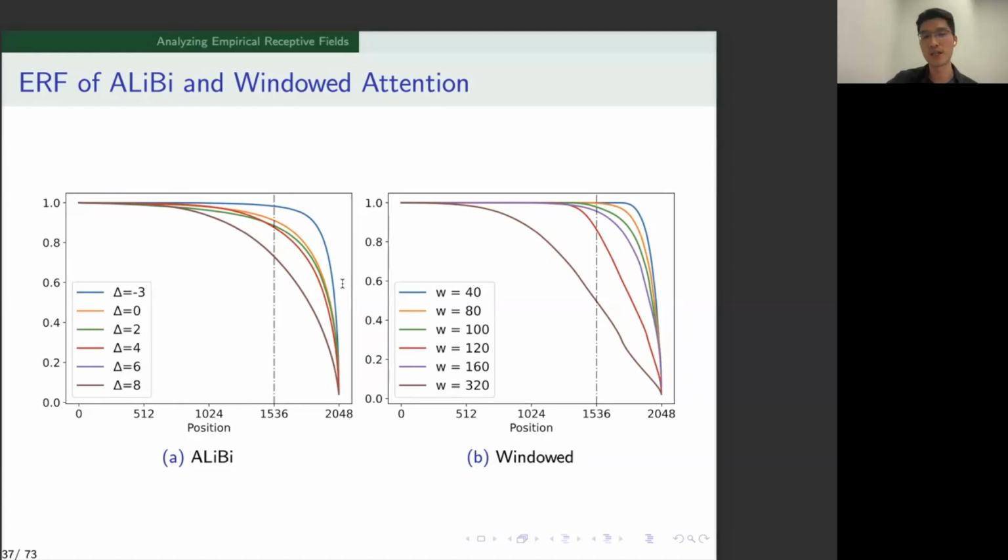So I guess the takeaway message here is that both ALiBi and window attention only focus on the most recent, maybe 512 tokens, because the most recent tokens contribute a lot when it comes to predicting the current token.